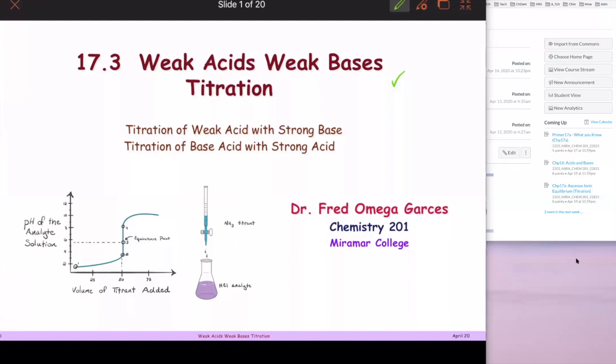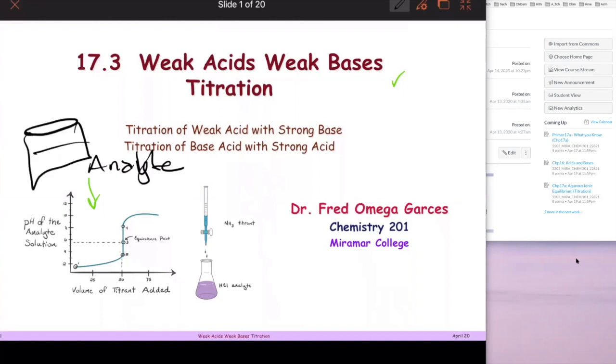We're going to be talking about weak acids and weak bases, and this is a typical titration that you guys are going to have. You can tell right away that what we have here is the analyte. That's the chemical that you're analyzing.